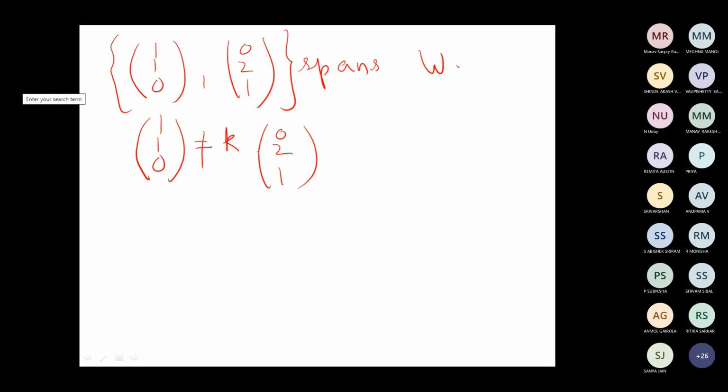From here if you want to go here, you have to multiply by a 0 entry, but it will make all the entries 0. Not possible. I need two non-zero entries, not possible. So, therefore, and hence, they are linearly independent.